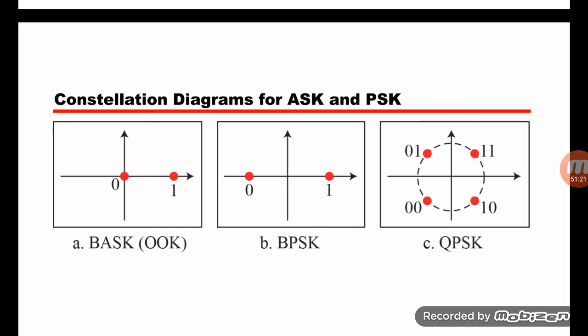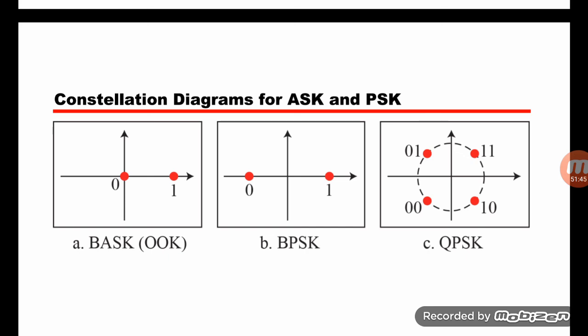What is the phase for this one? 0. The phase of this is 0, and the phase for this is, as you said, 180 degrees. So just these two dots are telling you that I am using PSK with the two phases.